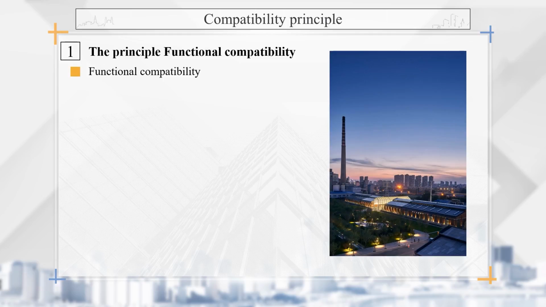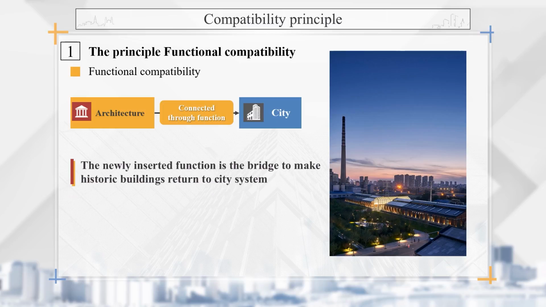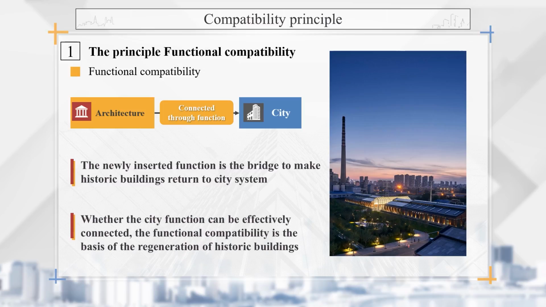We can understand that the relationship between architecture and city is connected through function. The newly inserted function is the bridge to make historic buildings return to the city system. Whether the city function can be effectively connected, the functional compatibility is the basis of regeneration of historical buildings.